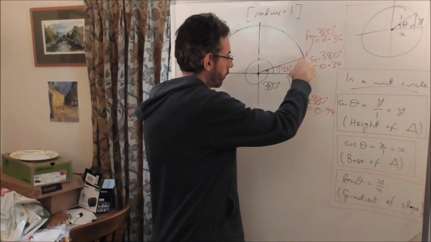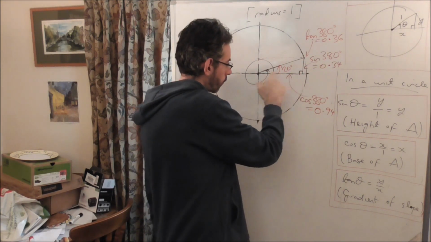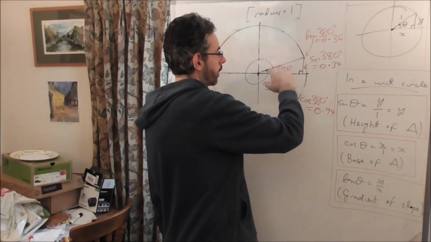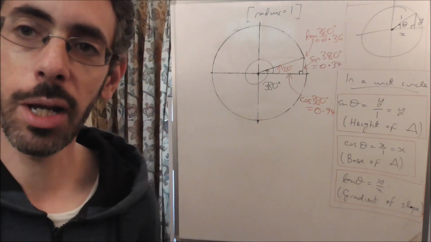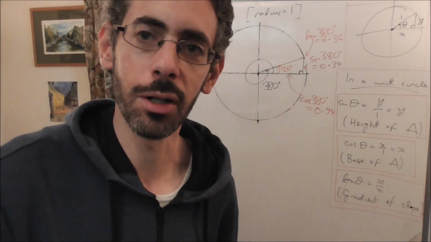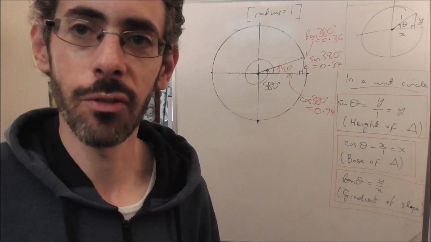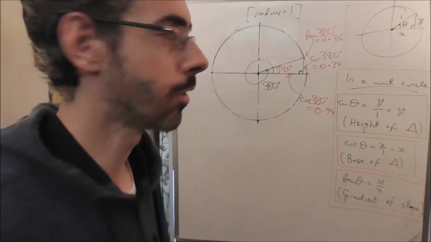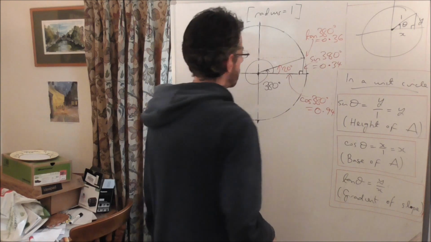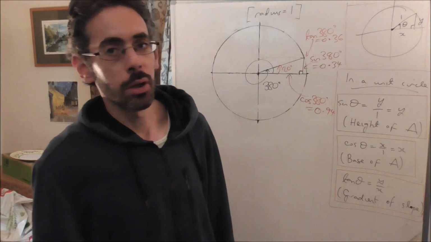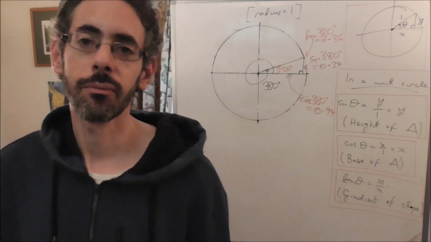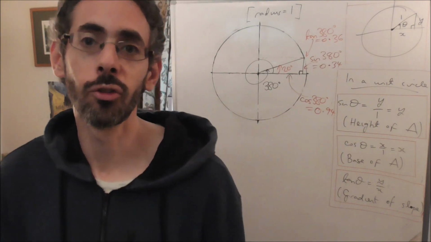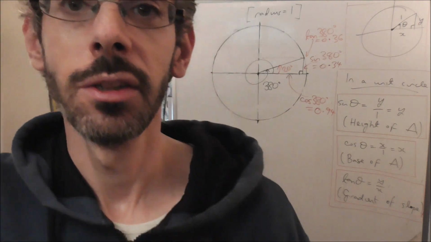So this is sine 20, 0.34, this is cos 20, 0.94, and tan 20 is 0.36. So it's exactly the same. So if two angles are 360 degrees apart, their sine, cos and tan values are going to be exactly the same, because you can use exactly the same triangle. So another way of putting that is that sine, cos and tan repeat every 360 degrees. As you're going to see when I draw the trig graphs next.